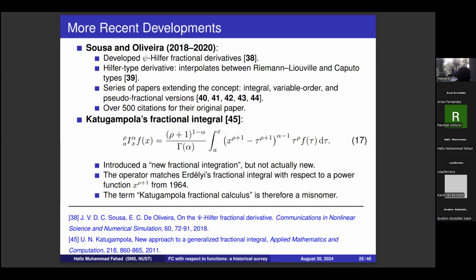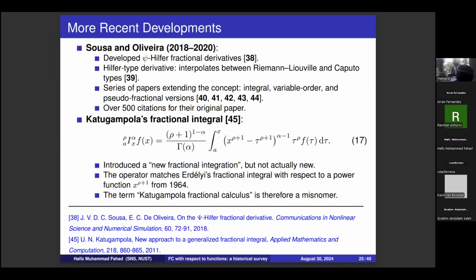More recent developments: Sousa and Oliveira, between the years 2018 and 2020, developed the psi-Hilfer fractional derivative, which is a natural generalization of classical Hilfer derivatives.